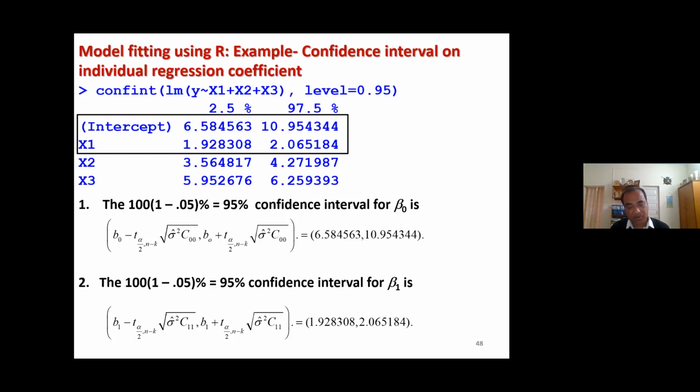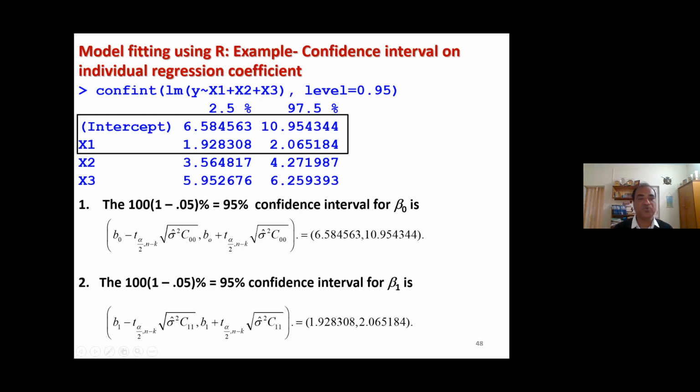That means by looking at the confidence interval, you can also take a call on the test of hypothesis. The relation is that if the value 0 is contained within the confidence limits, then the H naught, beta equal to 0, is accepted.